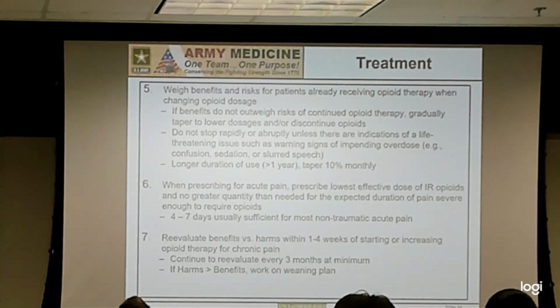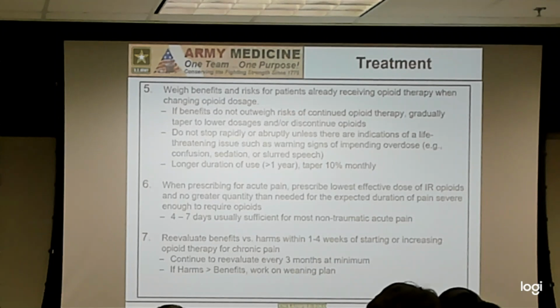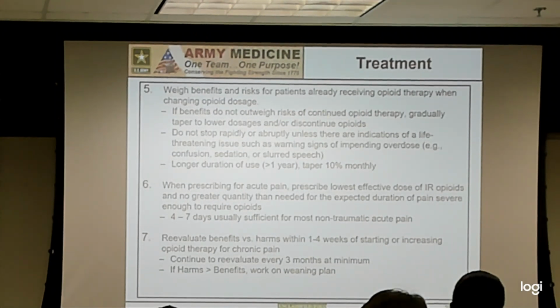And then you see the longer duration of use, so greater than a year, you're going to taper by 10% monthly. That's going to take you a long time, right? So essentially what this is saying is you're trying to limit how much of an opioid and the duration of exposing that patient to an opioid, so that you're having less taper, less addiction, less tolerance, less side effects, and death whenever we're talking about opioid use.